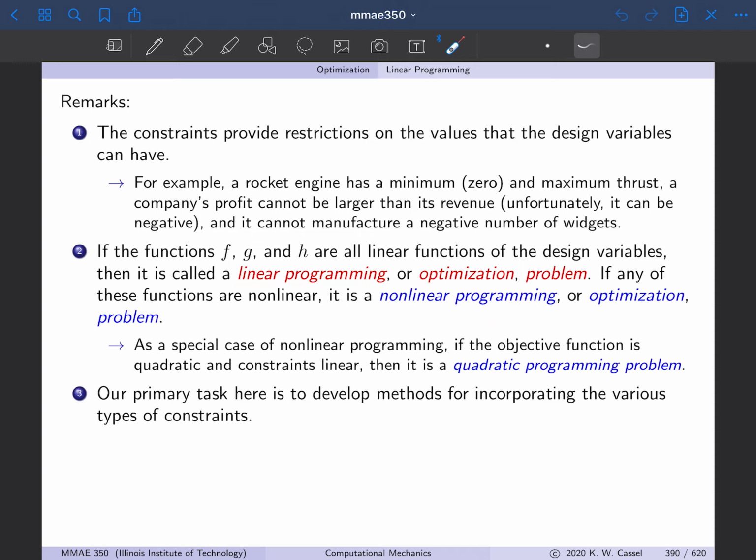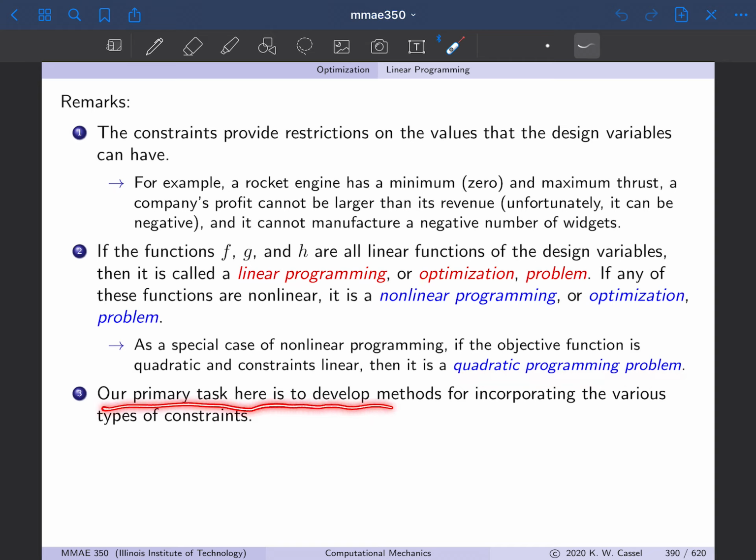We've seen some examples of this earlier in this chapter, but there is one special case of nonlinear programming, and that is when the objective function is quadratic, so basically a parabola, a second order polynomial. If the objective function is quadratic but the constraints are linear, then we call that a quadratic programming problem. It's still fundamentally nonlinear because it's second order, not a straight line, but nevertheless, it does have some special properties, some of which we've discussed before.